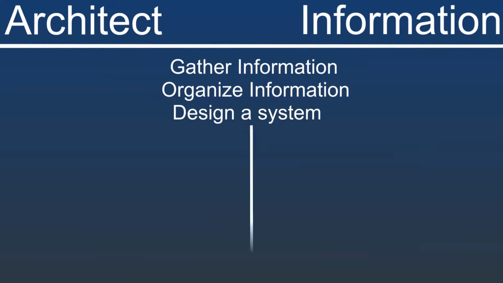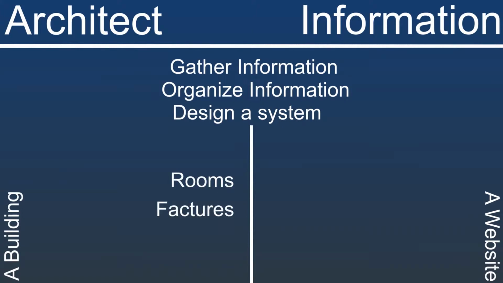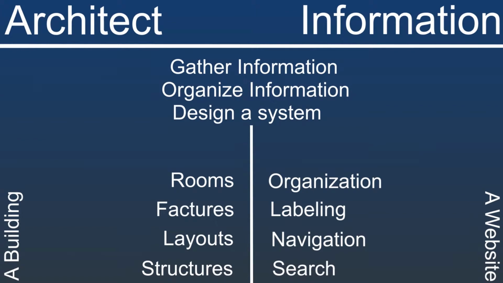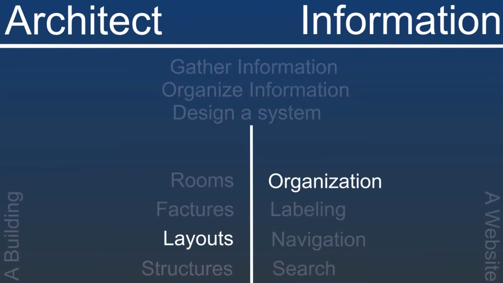But the similarities end there. While an architect is trying to design a building, an information architect is designing a website. An architect is building rooms, fixtures, layouts, and structures, while an information architect is designing organization systems, labeling systems, navigation systems, and search systems. Now these do seem very different, but they're actually quite similar.